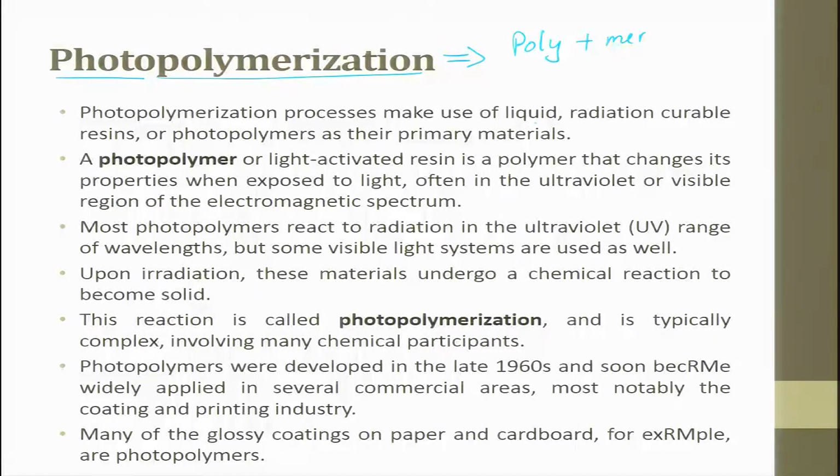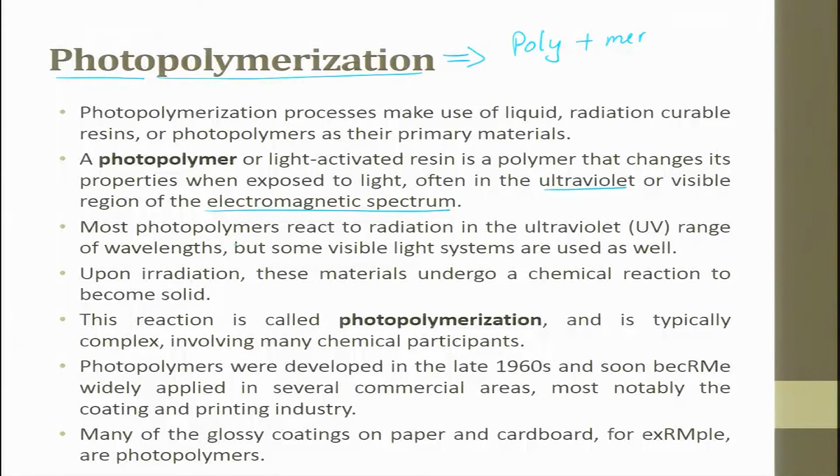Photopolymerization makes use of a liquid radiation-curable resin or a photopolymer as the primary material. A photopolymer or light-activated resin is a polymer that changes its properties when exposed to light, often in the UV or visible region of the electromagnetic spectrum.